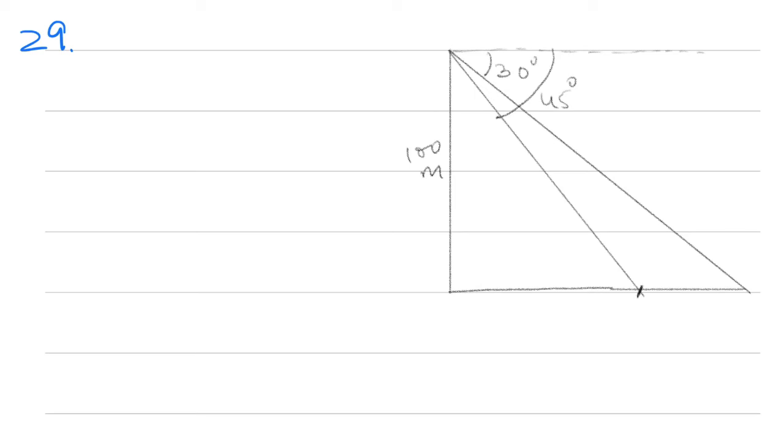Let this be ship A and this be ship B, this be C, and let this point be D. We know the angle of elevation is equal to the angle of depression. So this angle would be 30 degree and this angle would be 45 degree. We have to calculate the distance between the two ships.